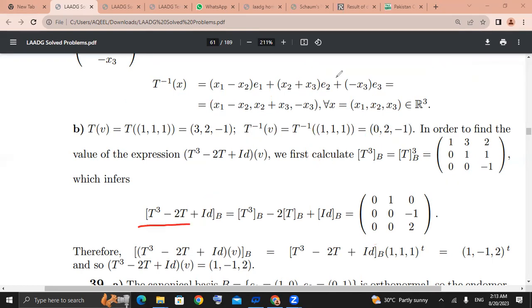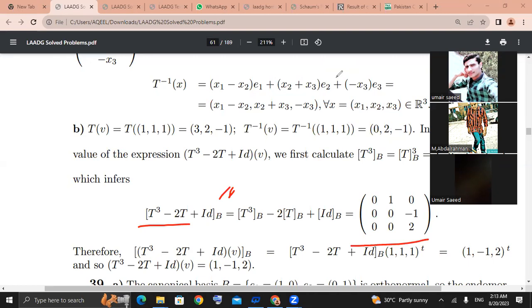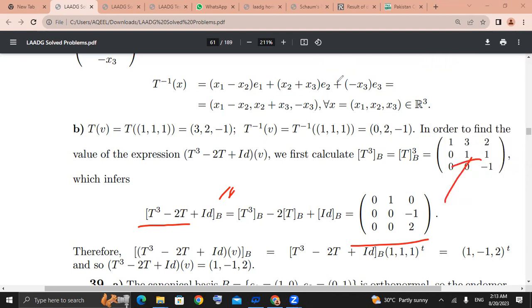You have obtained this. I wrote this into the transformation form, which means x2, and then minus x3, and then x2.